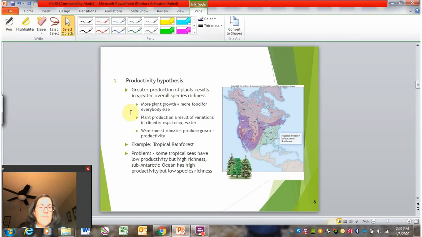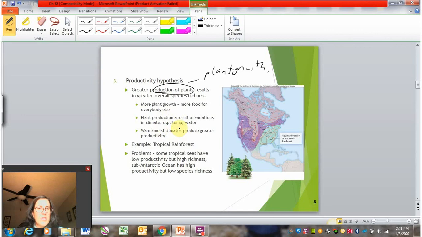The third hypothesis is the productivity hypothesis, and it says that none of all that stuff matters. It's really just about productivity, and productivity is a measure of plant production, a measure of plant growth. It says wherever you have the highest plant growth is where you're going to have the greatest species richness, because more plant growth means more food for everybody else.